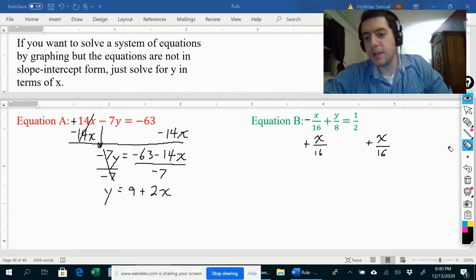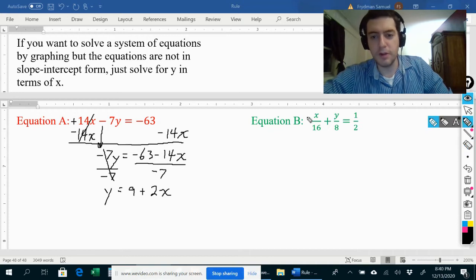But it wasn't. I didn't have any symbol here, which means I can put a plus sign in there, and then the inverse is subtraction. So I will subtract x over 16 from both sides. Again, this term has an x in it, this term does not, so I can't just do a half minus x over 16 like that. So I'm just going to push this off to the side.